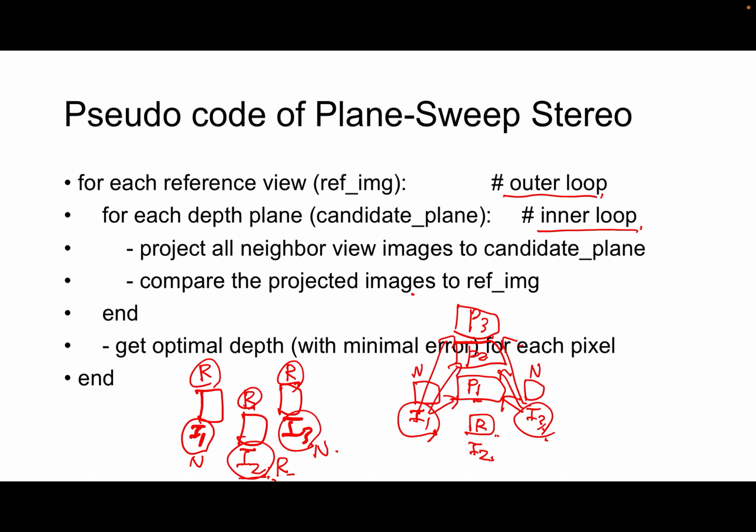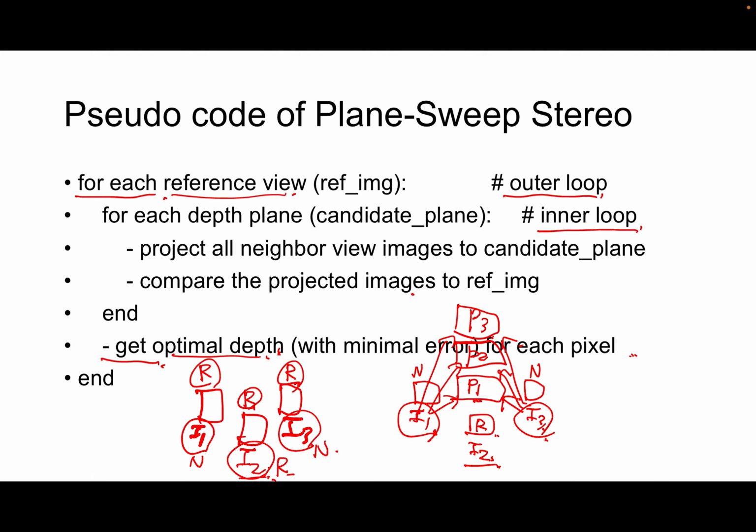We keep repeating this, and then we get the optimal depths of the reference image, because this is in this loop, right? Getting that optimal depth map is inside of the outer loop, right? But the optimal depth is just the depth of the reference view, right? Minimal error for each pixel.